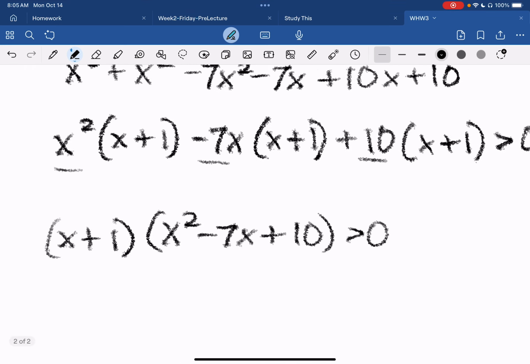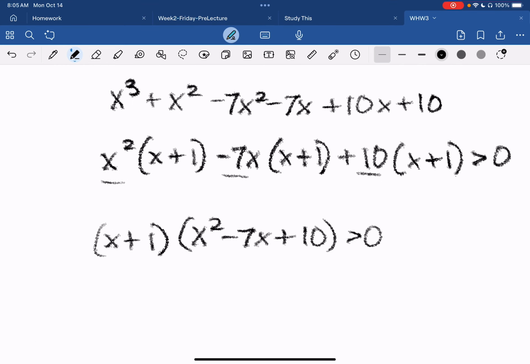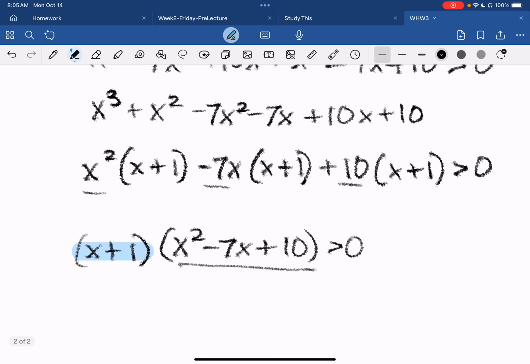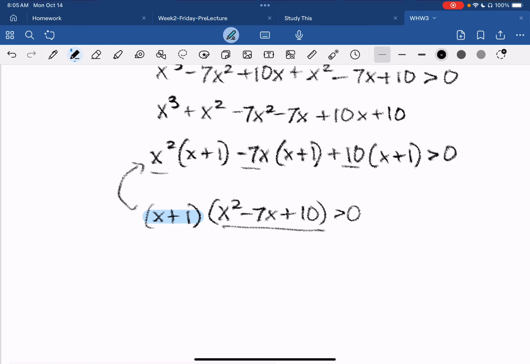So what is this saying? I'm saying that if I distribute this whole thing into each of these terms, I would get this, which is true. Just by distributive property, I get this. Okay.